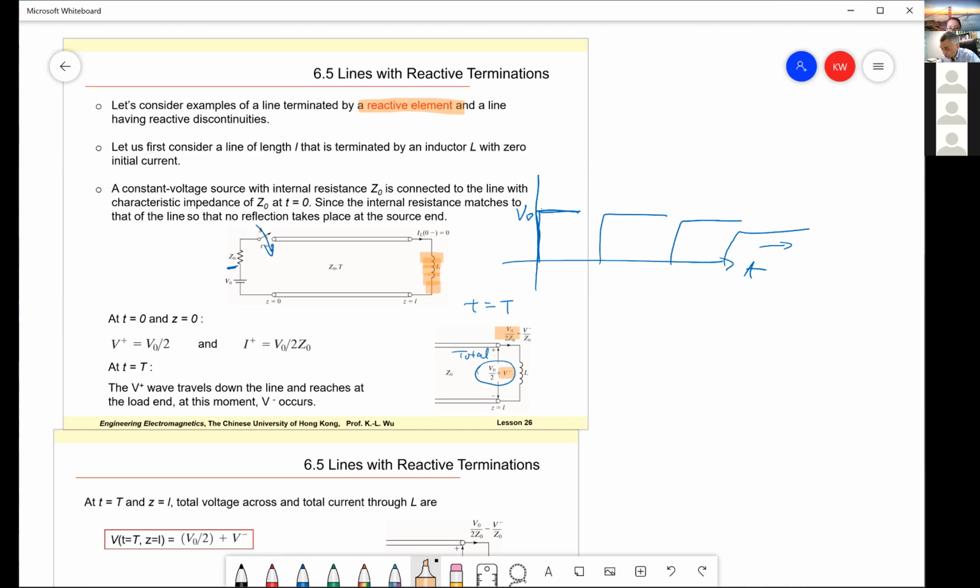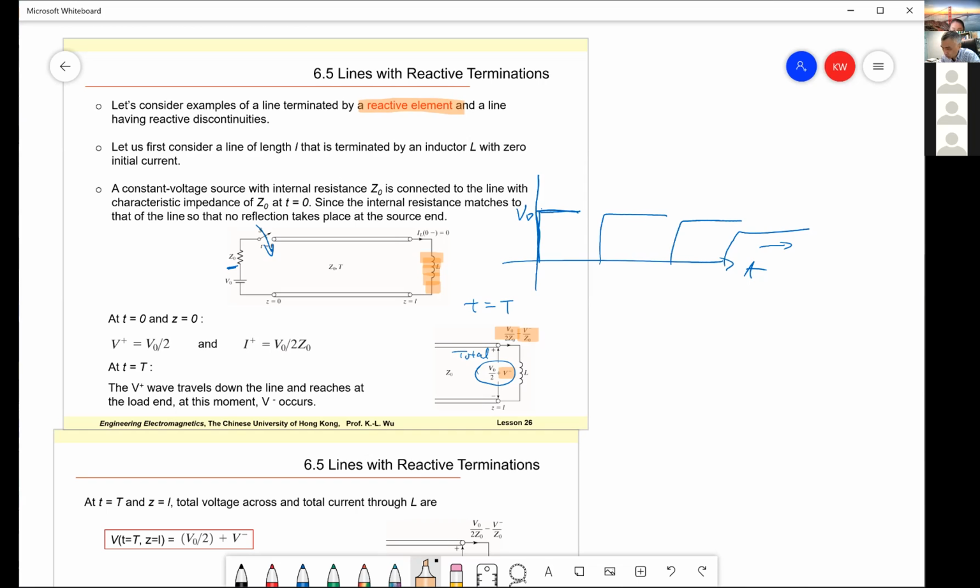We also have the reflected voltage, and if I only look at the reflected voltage, it is a traveling wave, so I can divide by the characteristic impedance to obtain current. There is no question about it, because individually they are traveling waves.